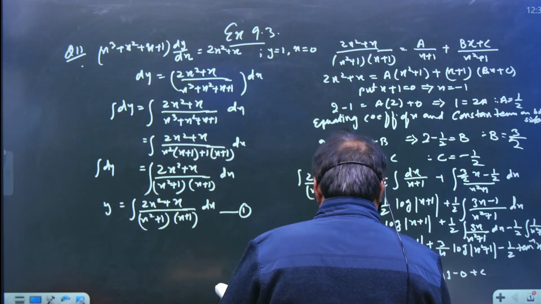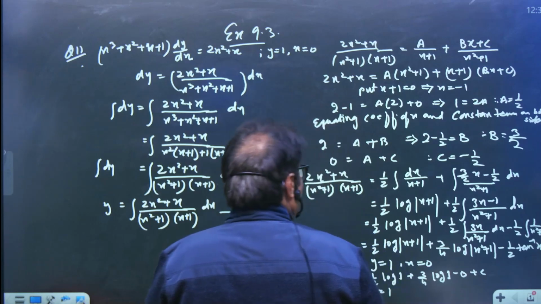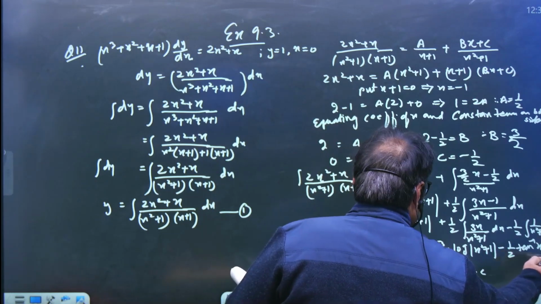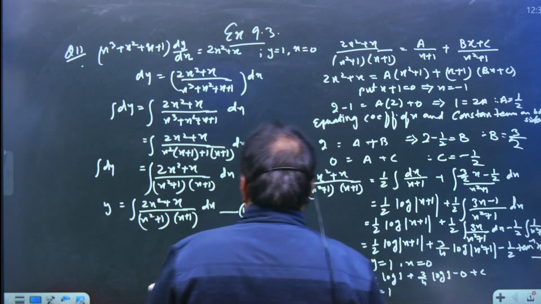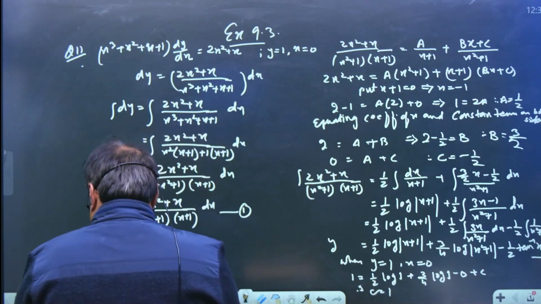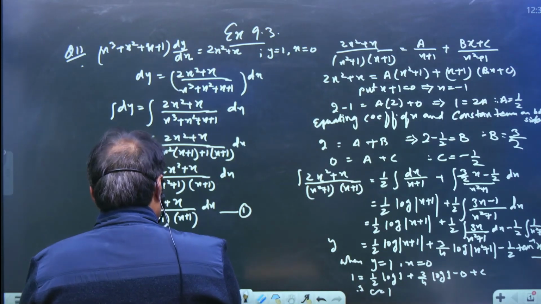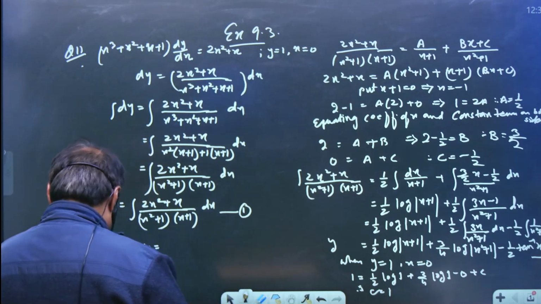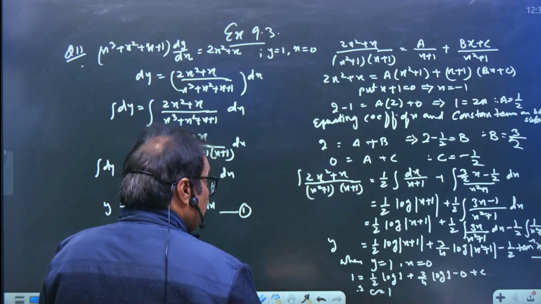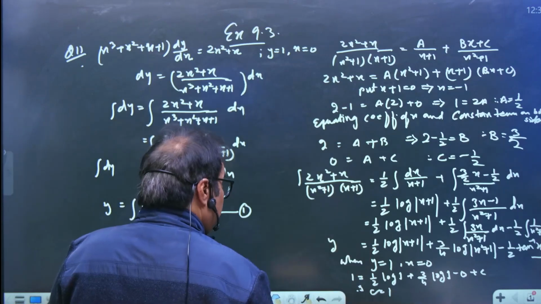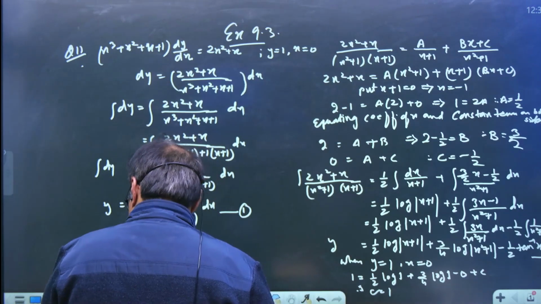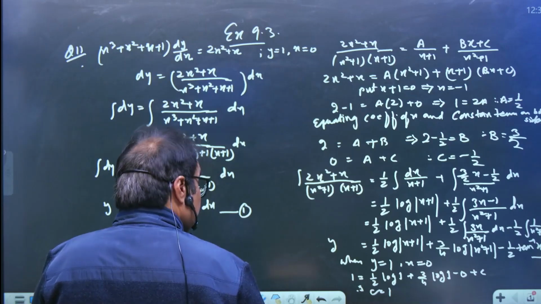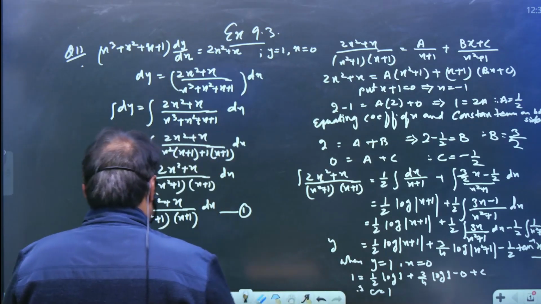We got the value of c, and now put the value of c here and get the final result. So therefore from second, y is equal to, we can take 1 by 4 as common.